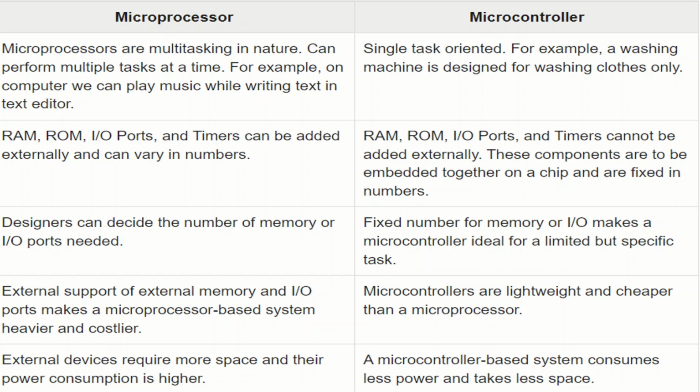So cost wise, a microcontroller is more efficient, and as we can externally add things, microprocessors require more space and higher power consumption, whereas microcontrollers require less space and less power.